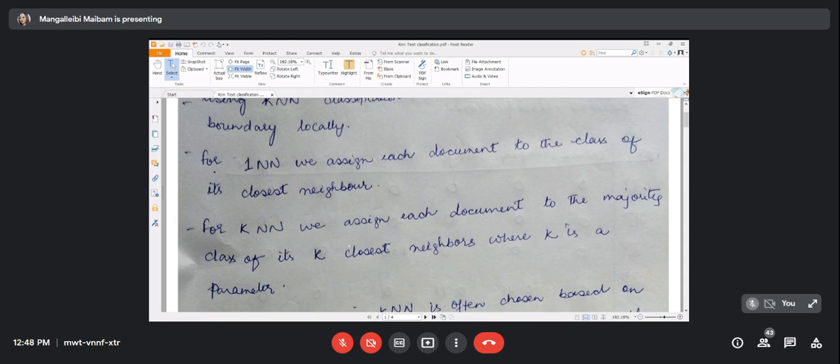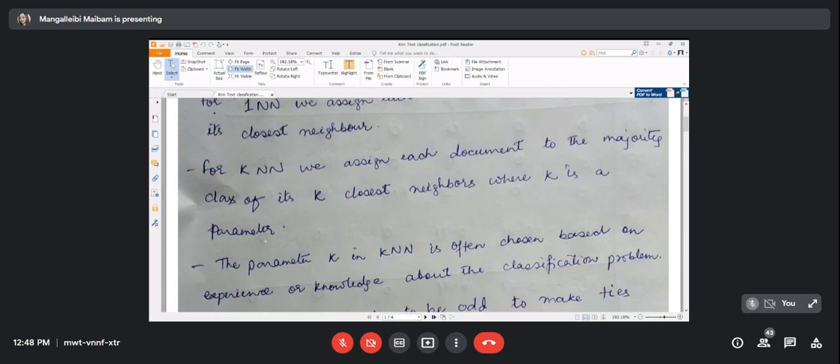We find the distance, and for each of the k values we check the distance along with the label class, and we take the majority of the class, or sometimes the average of the class, and assign it to the test document. That calculation we will see here.